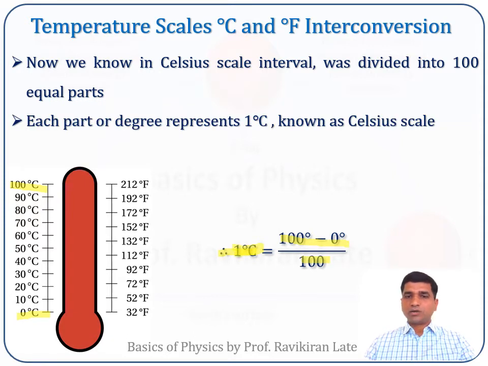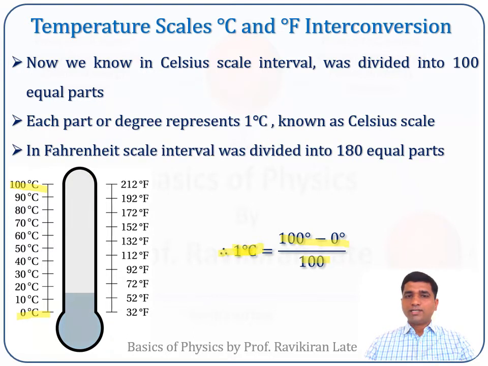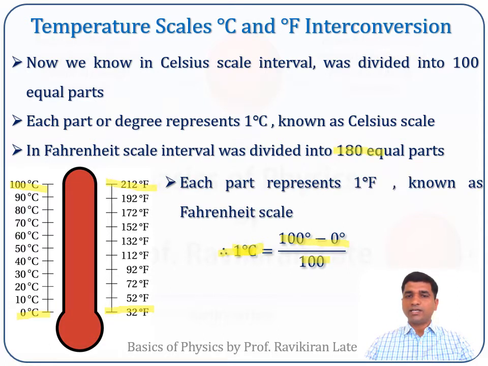This is called the Celsius scale. We had seen in the Fahrenheit scale the lower point is 32 degree and the upper point is 212 degree. It was divided into 180 equal parts, and that single part is called 1 degree Fahrenheit. So 1 degree Fahrenheit is 212 minus 32 divided by 180 equal parts.